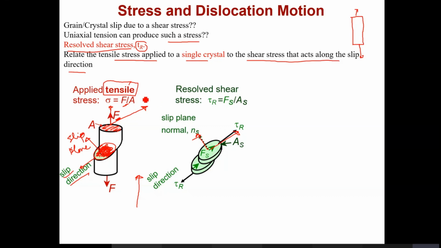So I can resolve the force acting in the normal direction into two components. One would be perpendicular to this green area and the other parallel to it. The one parallel to the green area is known as the shear force, Fs, and it would be acting in the slip direction. Is it clear or not?